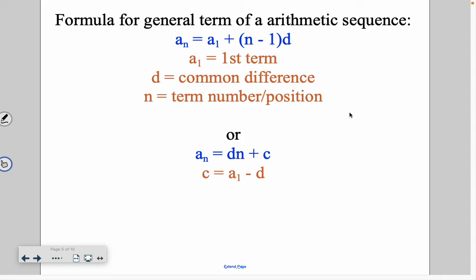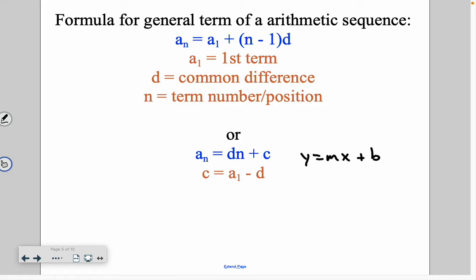So all this is, I said arithmetic is just a linear function. This is the exact same version of y equals mx plus b, with different variables, where your common difference is the slope. That's what I was talking about before. If you're adding 4 every time, that's the slope of the line. It would be 4.